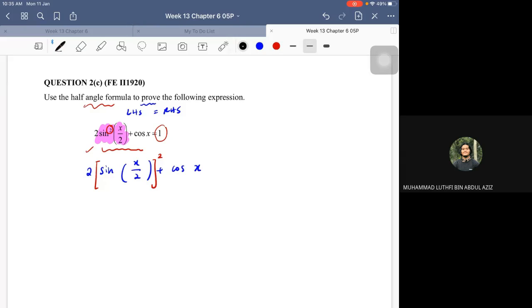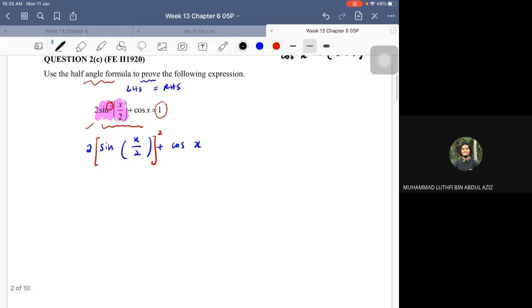Ataupun dalam erti kata lain, katakanlah you ada cos square x, sebenarnya cos square x ni adalah bersamaan juga dengan cos square, you squarekan the whole thing. Okay, so that is actually equivalent. Dia benda yang sama. Cuma cara tulisan saja yang berbeza. Okay, so that is why for this case 2 tu, I bawa dia jadi kuasa kat luar.